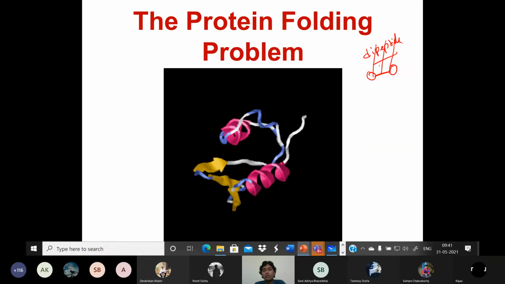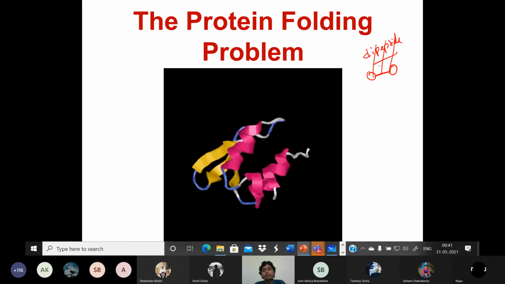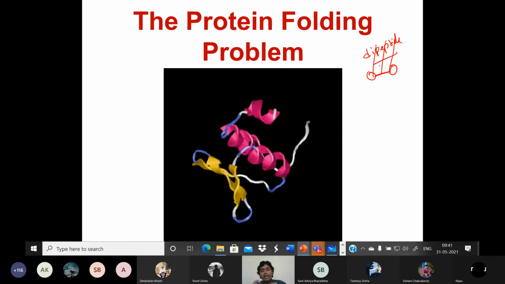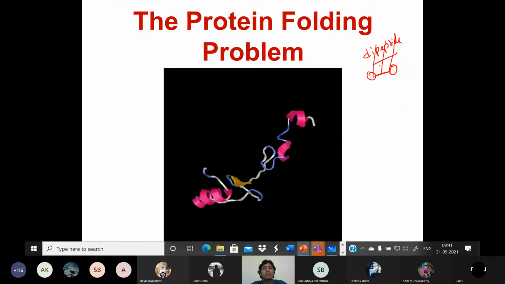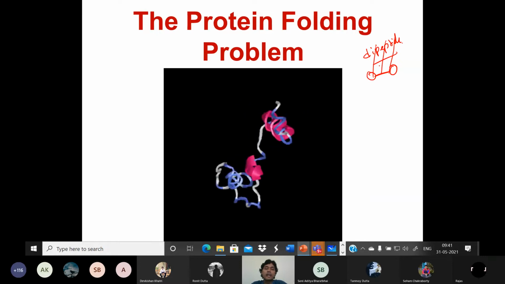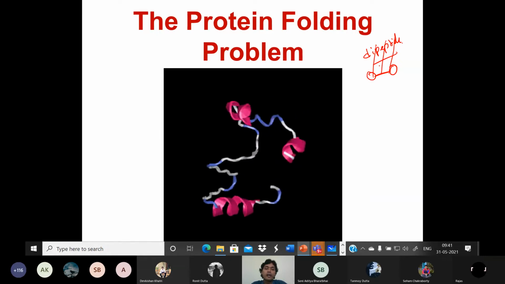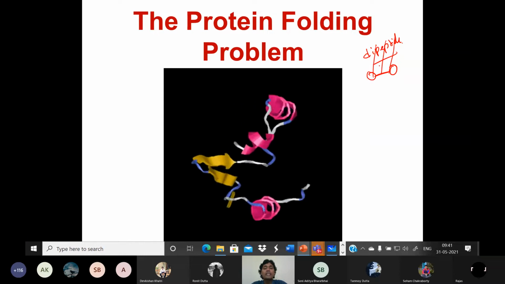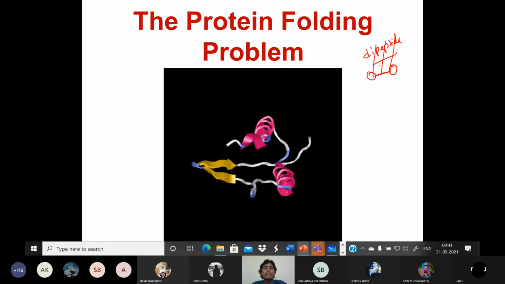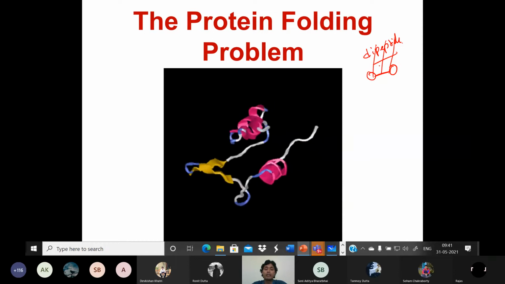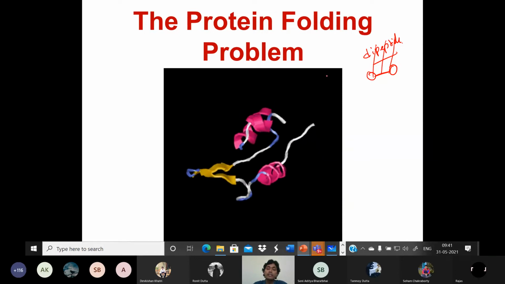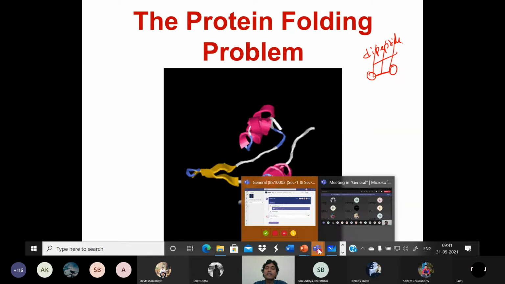As I told you, from the linear chain or the primary structure, there are some chemical bases for how they can form alpha helix and beta sheet. But then finally how will they hold to make a stable and functional molecule? You have to remember the ultimate thing. Whatever we discuss, the chemical or physical properties, that's a different thing.